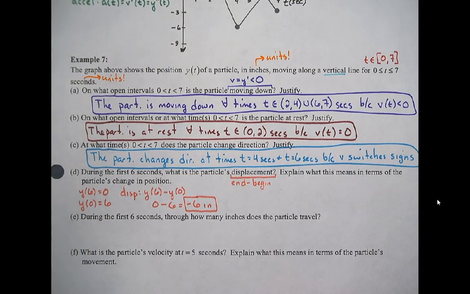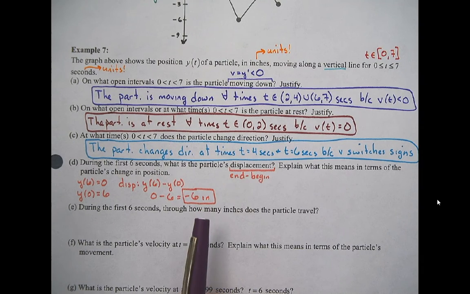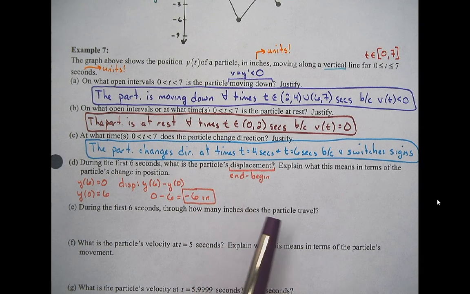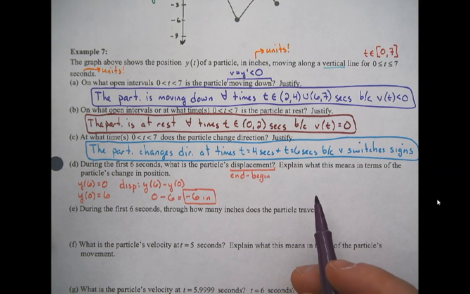Now, what does that mean? Explain what this means in terms of the particle's position. Particle's change in position. So if I have a displacement of negative 6, that means that I've moved negative 6 units. In other words, I've moved 6 units down in this case because we have a vertical line. So I would say something like this.